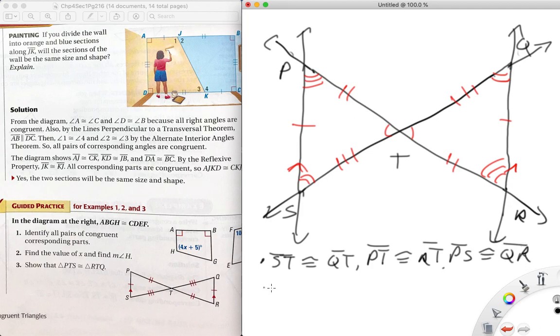Okay, those are my sides and then my angles. I can say that angle P is congruent to angle R. Angle S is congruent to angle Q. And angle PTS is congruent to angle RTQ.